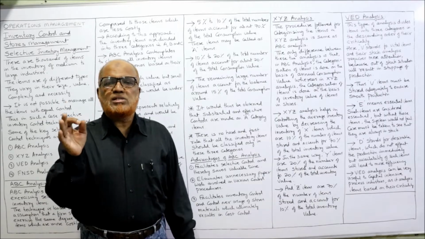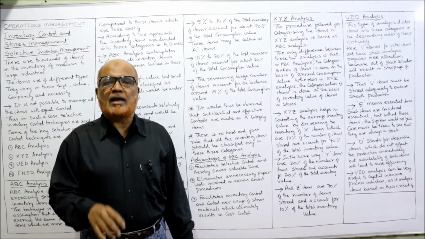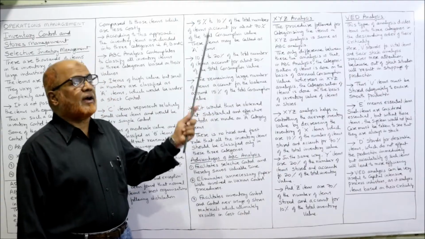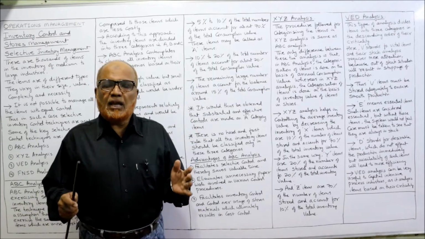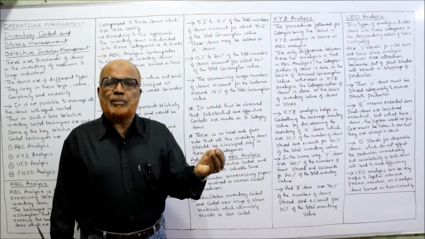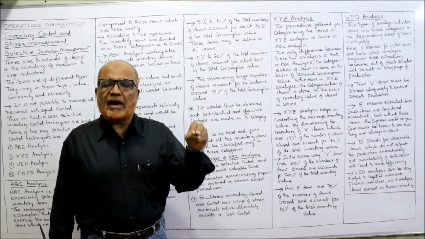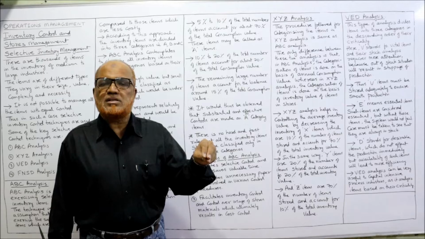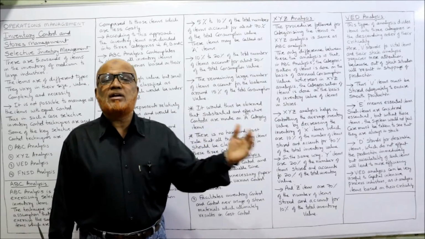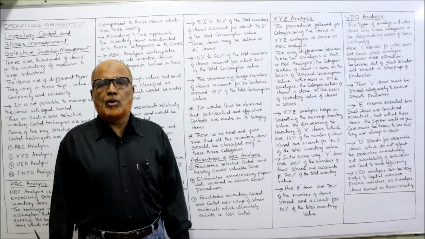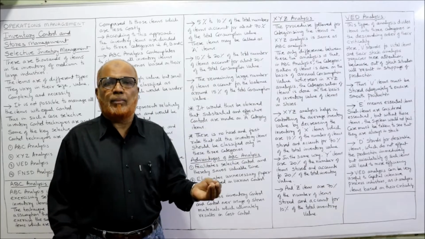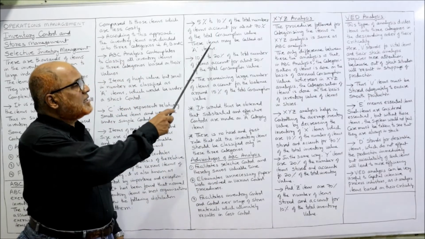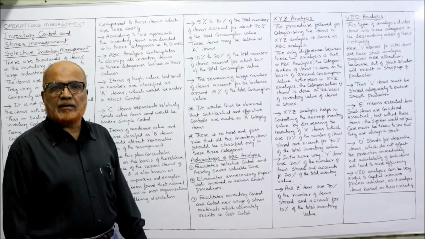So almost 70% of the consumption value accounts for only 5 to 10% in the number. That means the number of items are only 5 to 10%, but the consumption value of those items is 70%. So more consumption value but less in number. These items may be classified as A items.